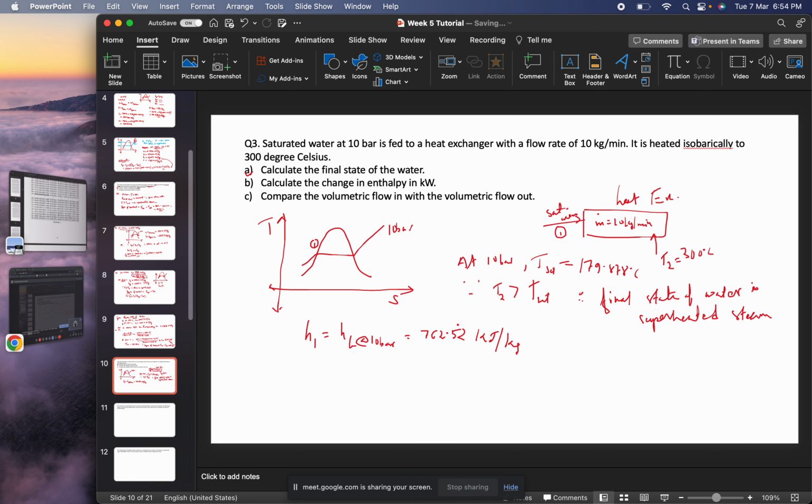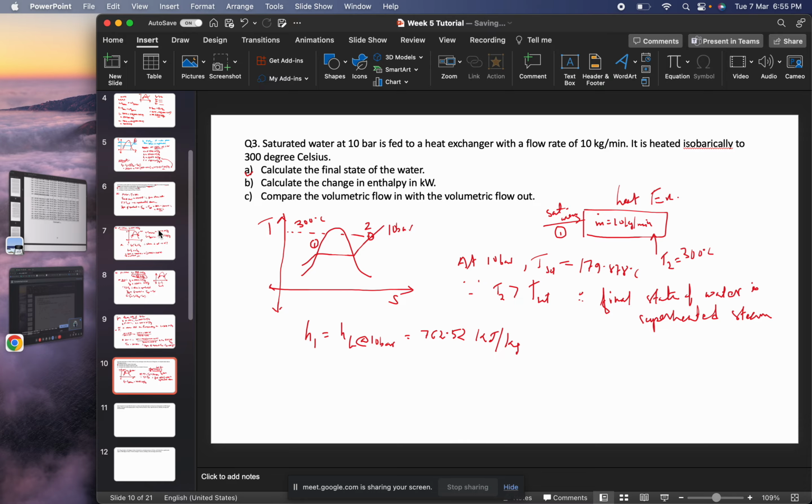This is my H1. Then I need to calculate H2. This point 2 is somewhere here, corresponding to 300 degrees Celsius.